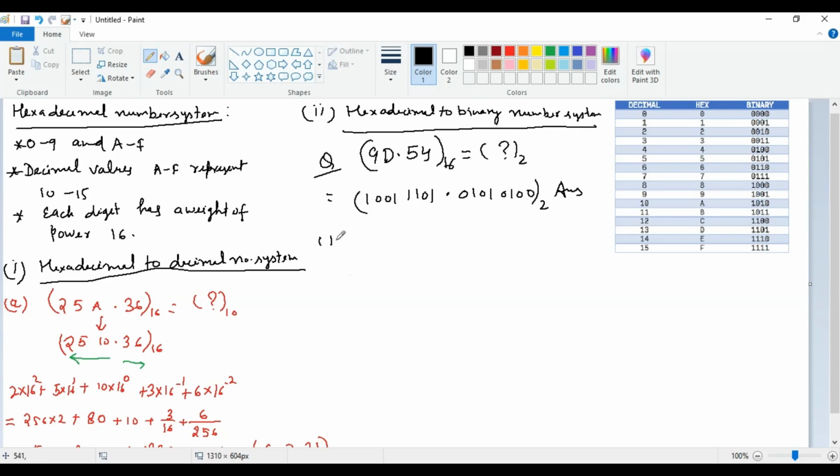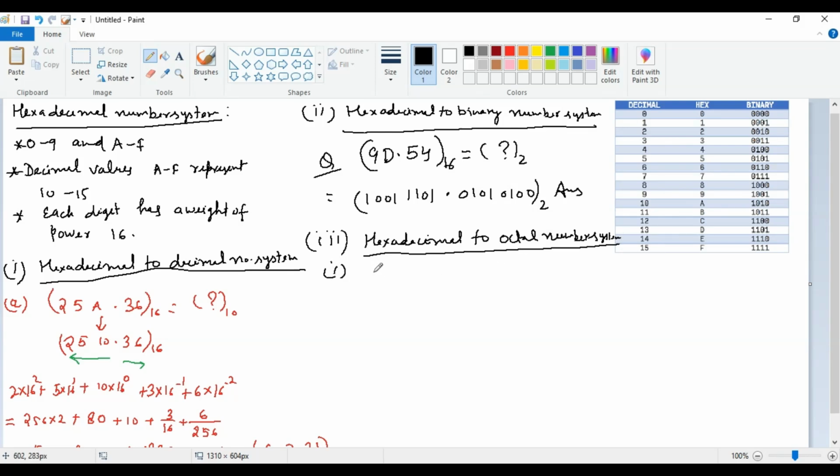And next is hexadecimal to octal number. Hexadecimal to octal number system. This process is a two-step process.